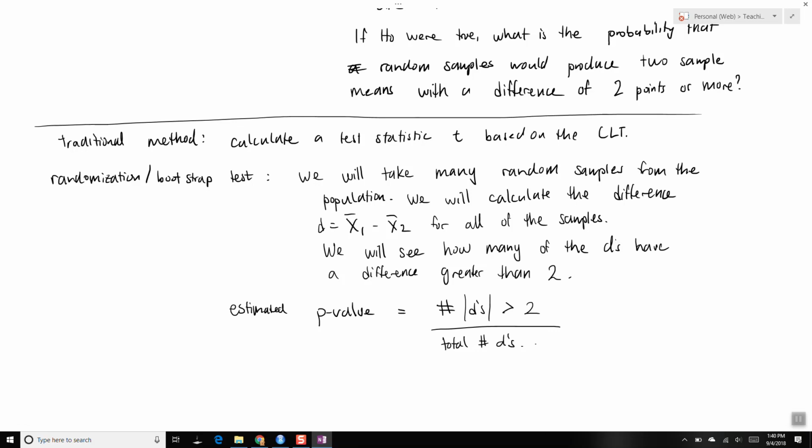Yes? The difference doesn't include equal to 2. So what if the difference is exactly 2? Technically the underlying distribution according to the central limit theorem is a continuous distribution. So the probability that a test statistic is exactly a particular number, like 2.000 with an infinite number of zeros, is technically 0.